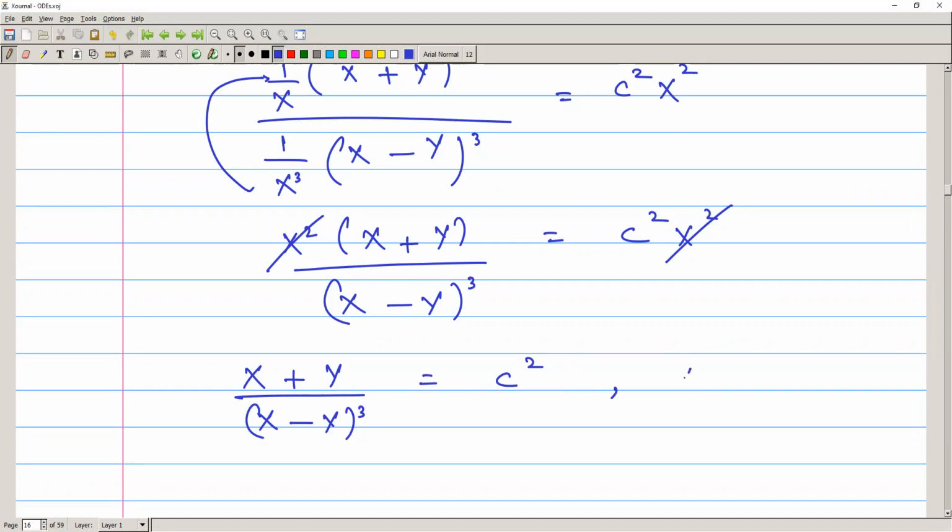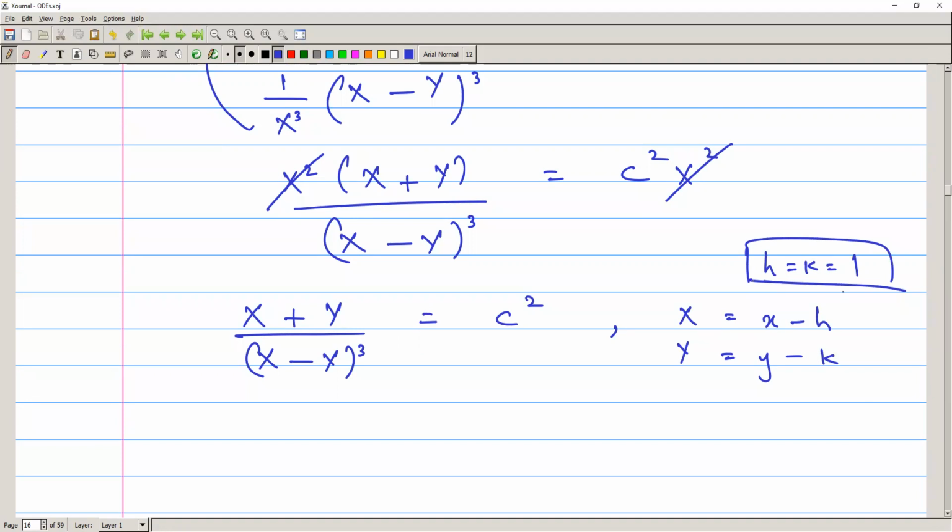Now we have the values, x is equal to x minus h and y is equal to y minus k, where h is equal to k is equal to 1, right? But not always, right? Fortunately both are equal to 1.